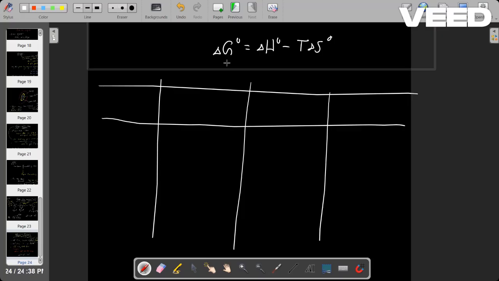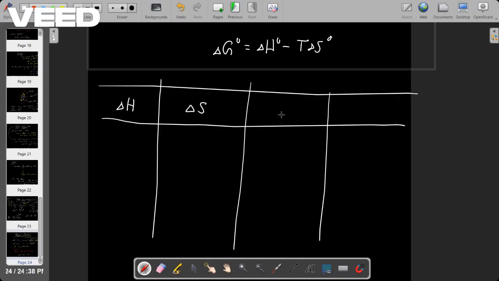Without plugging those in, you can also tell manually whether it is spontaneous and feasible or not. That is all you should tell.